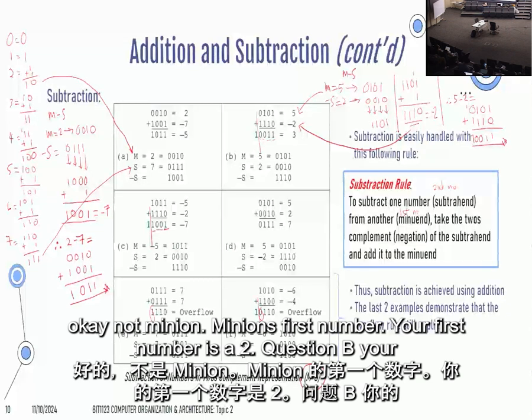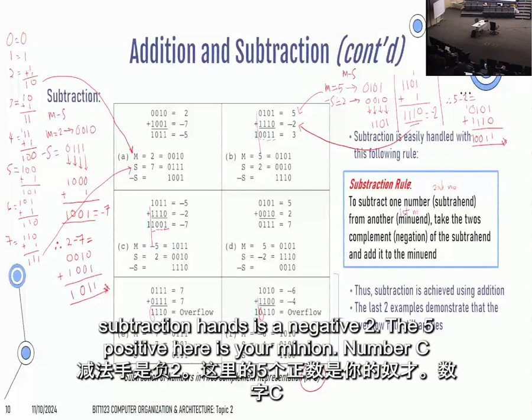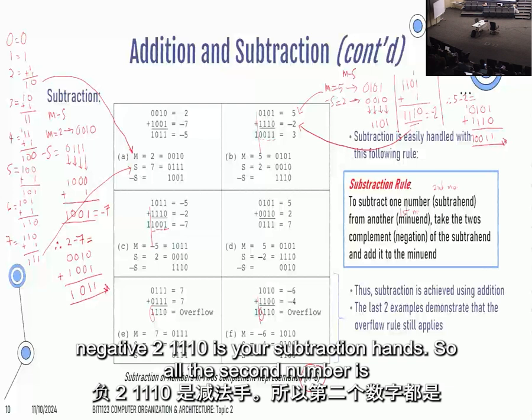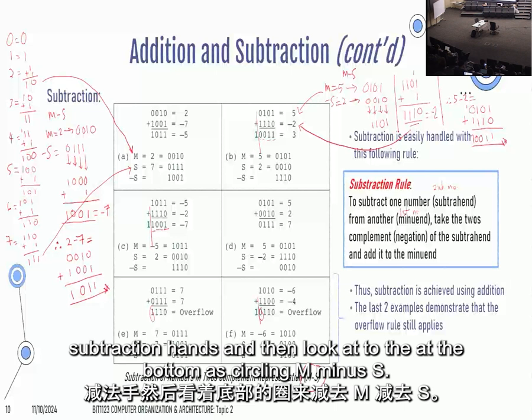Your first number here is a 2. Question B, your subtrahend is a negative 2. The positive 5 here is your minuend. Number C, negative 2, 1110, is your subtrahend. So all the second numbers are subtrahends. And then look at the bottom. I'm circling M minus S.